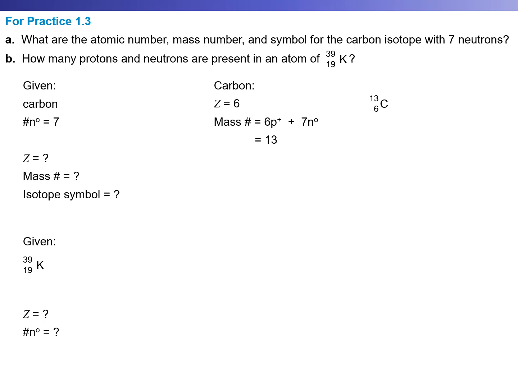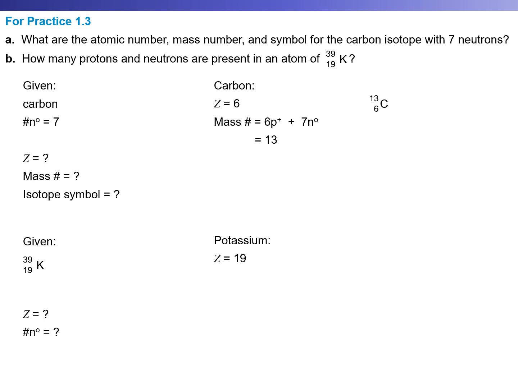So if we're given the isotope of potassium, we can go to the periodic table and look up the atomic number, or we can look at the symbol right here and see that it comes in at 19. So our atomic number is going to be 19.